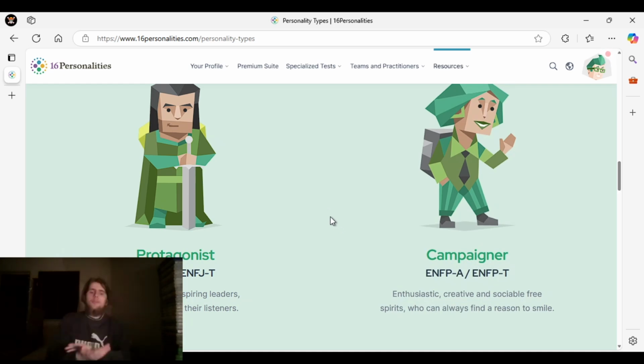Basically, these are the types that are willing to give, to make sure that the energy, that everyone has a certain feeling presented in the group.